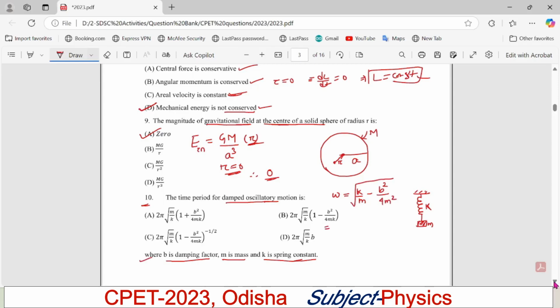Angular frequency omega is 2 pi by T equal to this much, which implies T equals 2 pi m by k root over 1 minus b squared by 4mk, to the power minus 1 by 2. Option C is the correct option for question number 10.